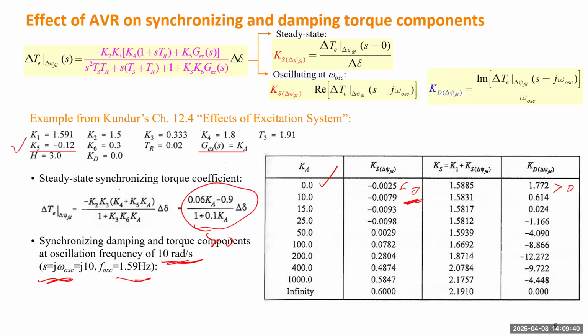So you want to address this negative synchronizing torque. That's why you want to increase the gain. And eventually you will get a positive synchronizing torque. Okay, but the damping torque becomes negative. For this case, K1 also contributes to the total synchronizing torque. So finally, you have good synchronizing torque, but damping torque can be bad.